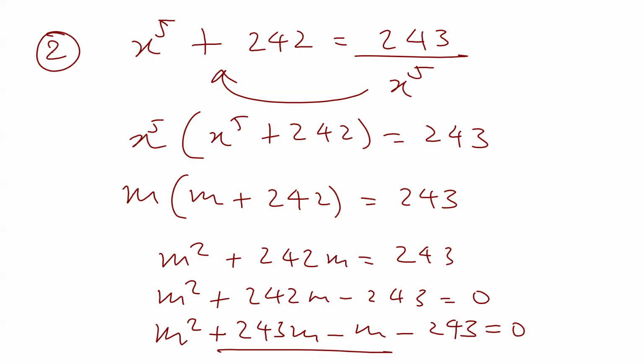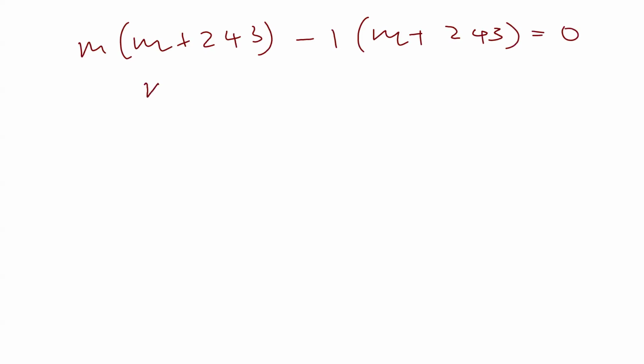So from the first two terms, I'm going to take m common, and from the next two terms, I'm going to take minus 1 common. So m into m plus 243 minus 1 into m plus 243 equal to 0.